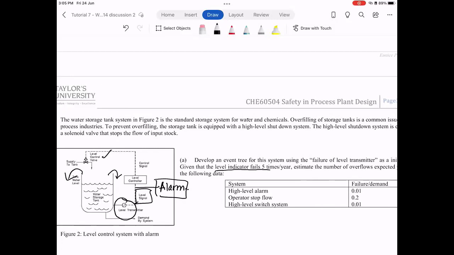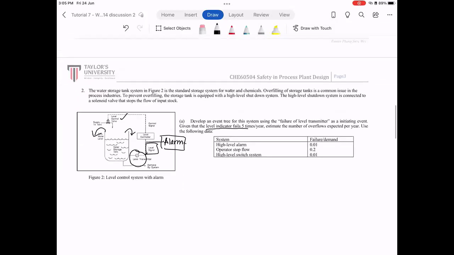They fail 5 times and they can't give you a correct answer to say, oh, there is a high level, so now this whole thing just goes off. So how often do we have overflow for this system?